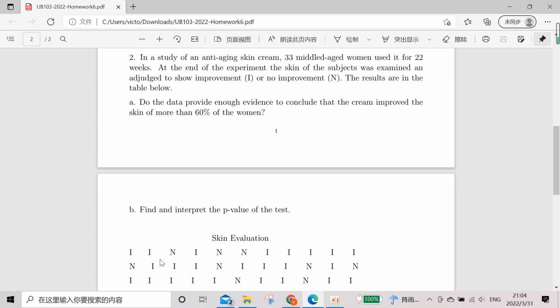So basically the intuition is first I assume my null hypothesis was right. There's actually 60% of skein improvement. Then based on my observation, I will find what is the probability that my null hypothesis is right. If that is less than 5%, then I will conclude, okay, my null hypothesis is not correct in the first place. I reject the null hypothesis.